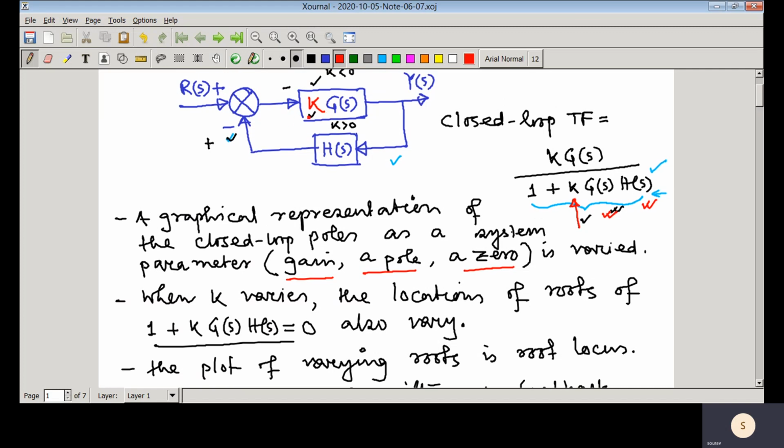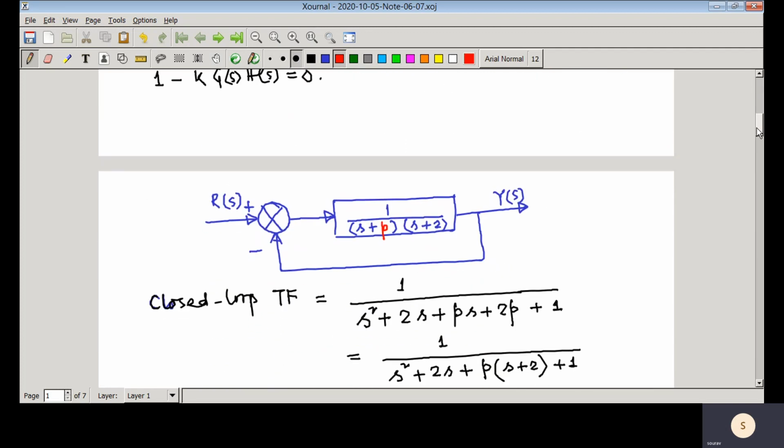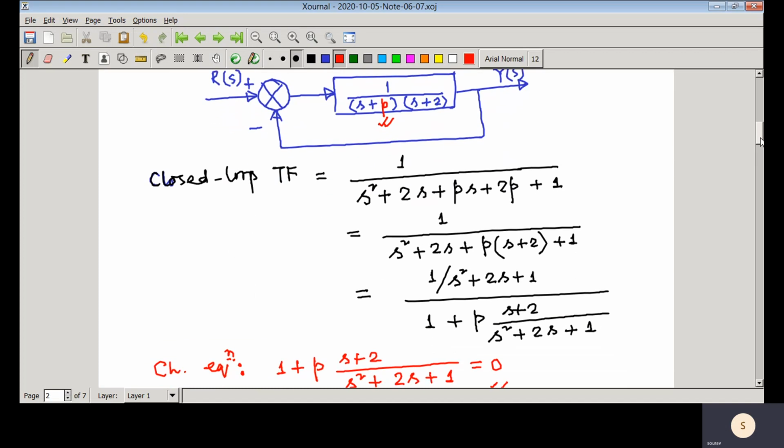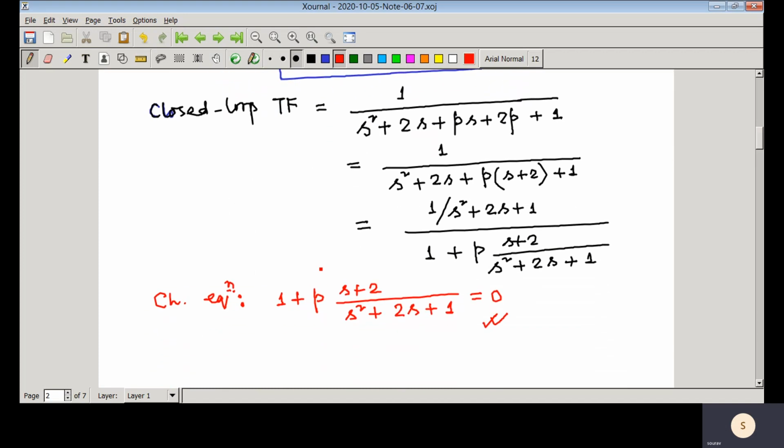Whenever the forward path parameter is k, it appears here, and in this case the varying parameter is that pole. If we represent it in this way, you can see the varying parameter is here, and then we have a transfer function, which would be treated as G(s)H(s), and then we can apply the root locus technique.